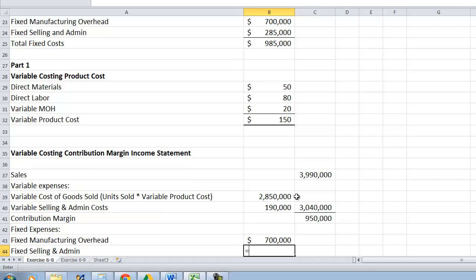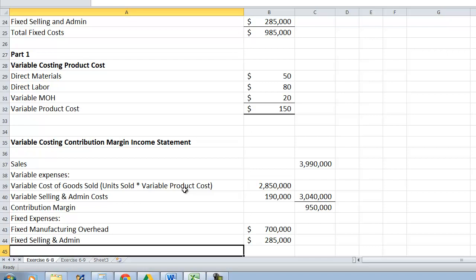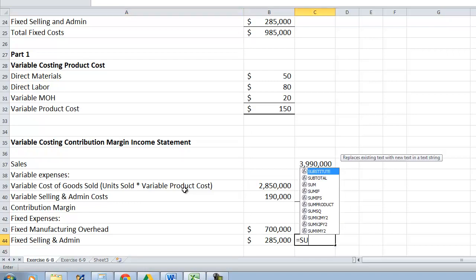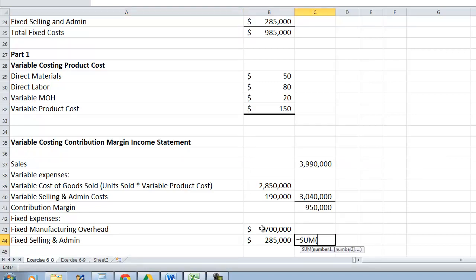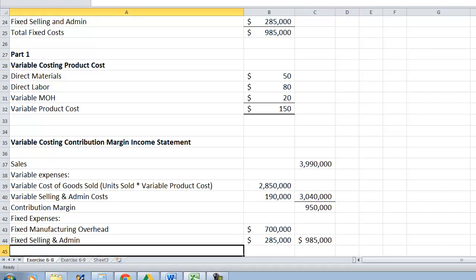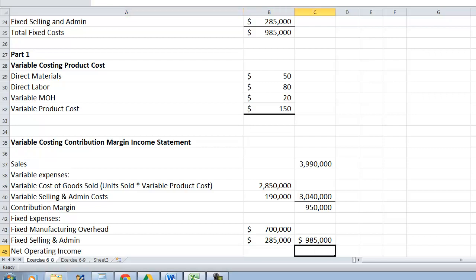Here, we're including fixed overhead as part of the fixed expenses because this is a variable cost contribution statement. So we have our fixed selling and admin, and we're going to total these. This is our total fixed cost. And then it should be net operating income: contribution margin minus fixed cost equals. We have a negative number here.